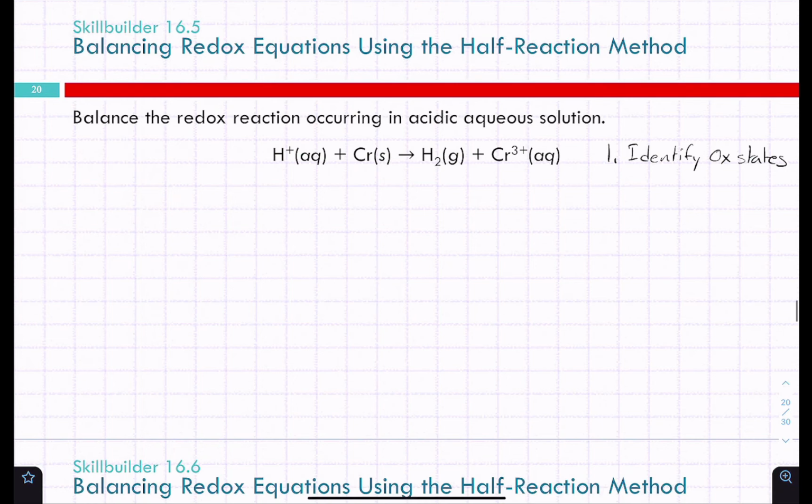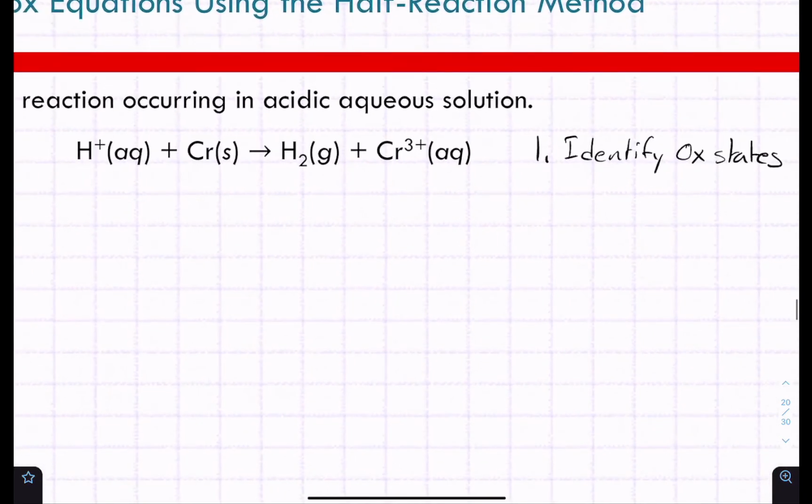So, what is the oxidation state of H+? 1+. Cr, chromium solid? 0. Hydrogen is an element here by itself.